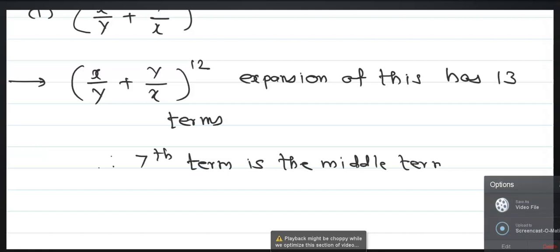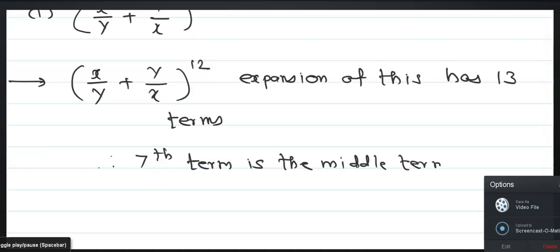It is very easy. If the expansion contains 13 terms, then we apply the formula (12 plus 2) upon 2. That is 14 upon 2, that is, the seventh term is the middle term for this expansion.